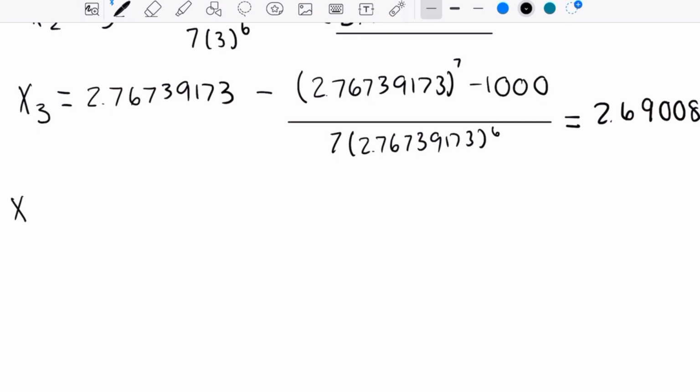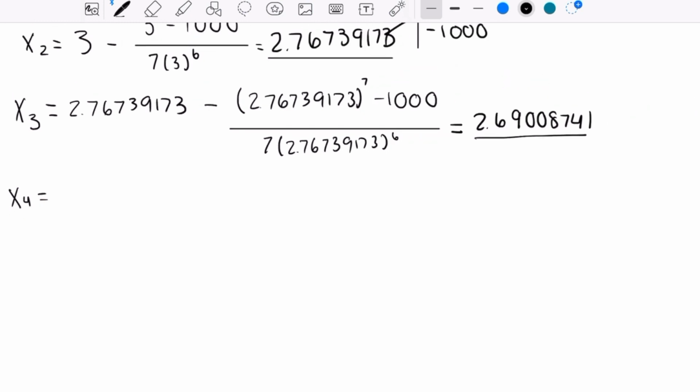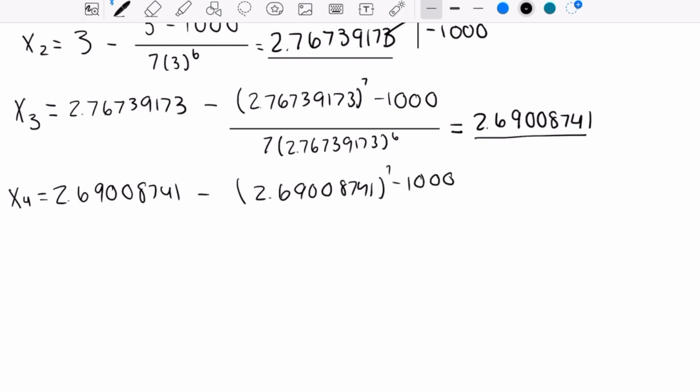Okay, these are not the same yet, so we're going to repeat. So x of n plus 1, so 3 plus 1 equals 4, equals x of n, which is x of 3. We found that solution right here. 2.69008741 minus, plug that number into everywhere where there is an x of n, to the 7th, all over 7 times 2.69008741 to the 6 actually.